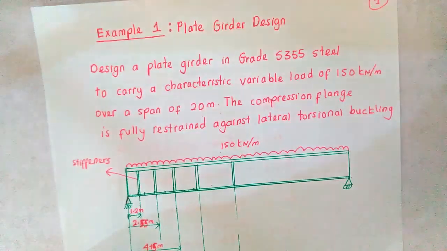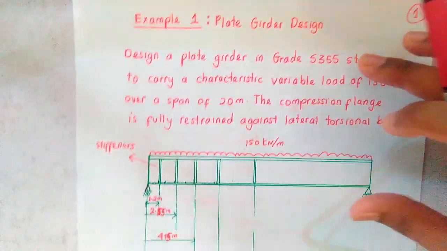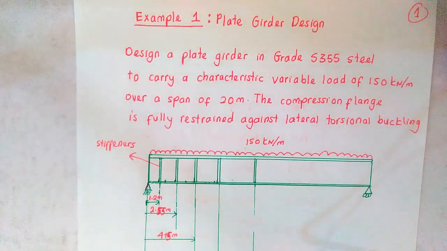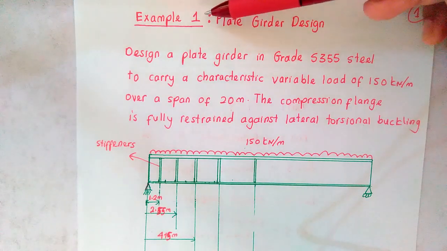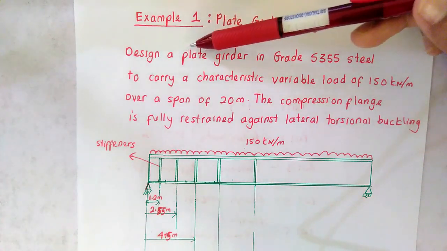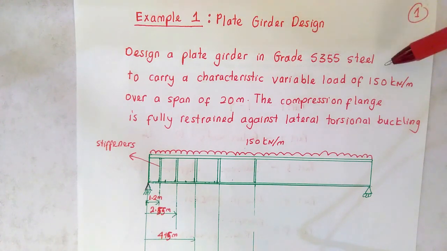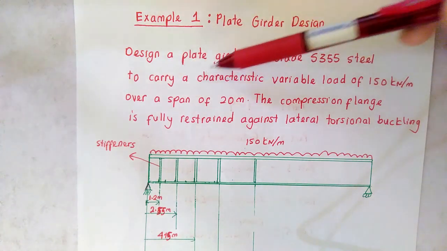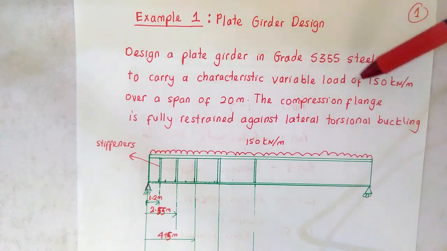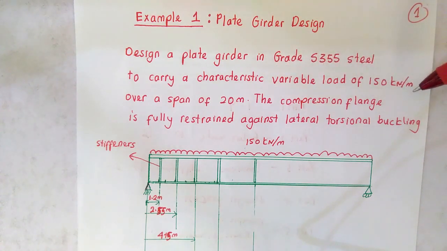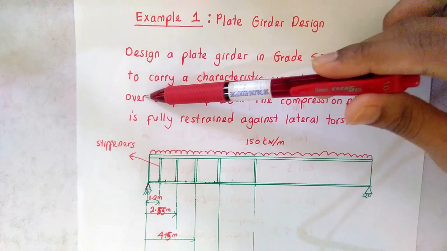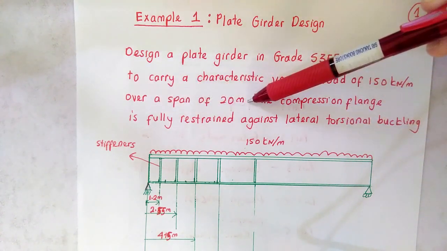Okay, so this is example 1. In this example, we design a plate girder in grade S355 steel to carry a characteristic variable load of 150 kilonewton per meter over a span of 20 meter.